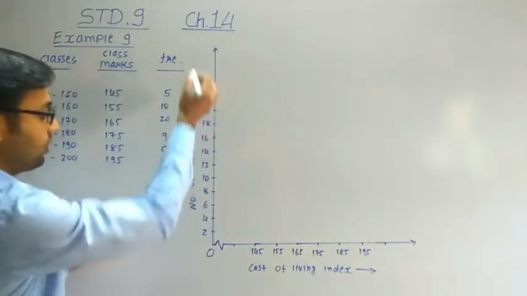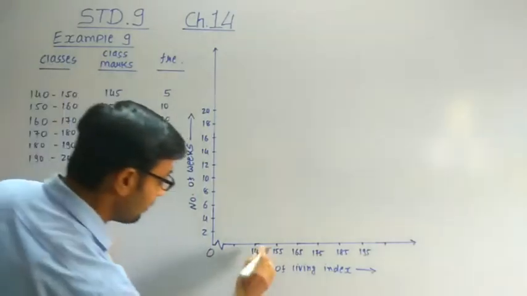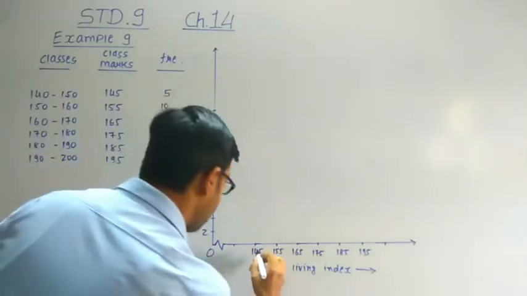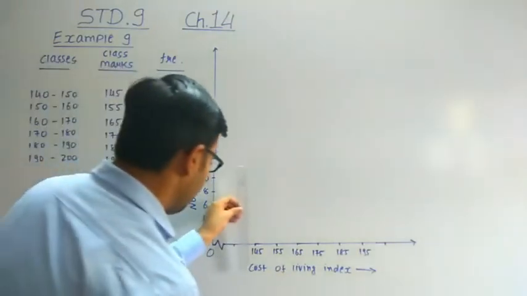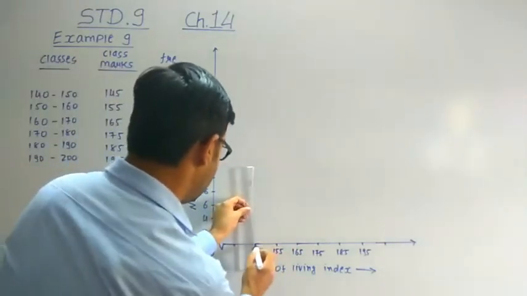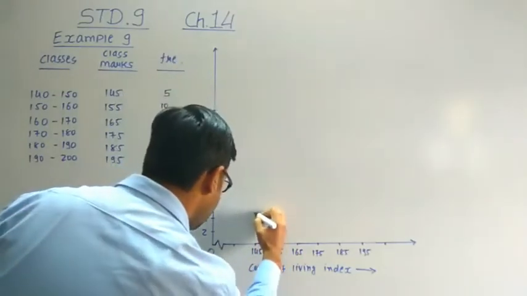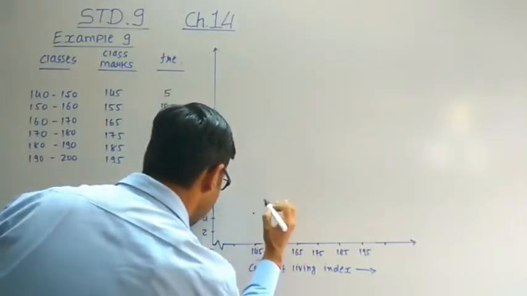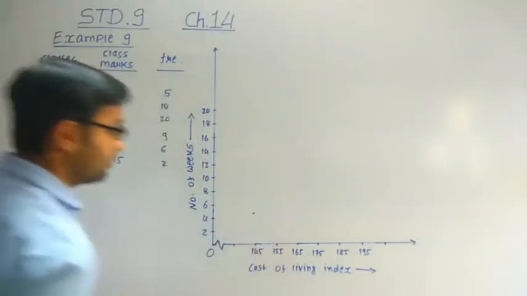So on the vertical axis we have to take 5 and on the horizontal axis we have to take 145. So let us see where these two points meet each other. From 145, if we consider this, and 5 from here, then both these values approximately hit at this point. So mark this point, right?